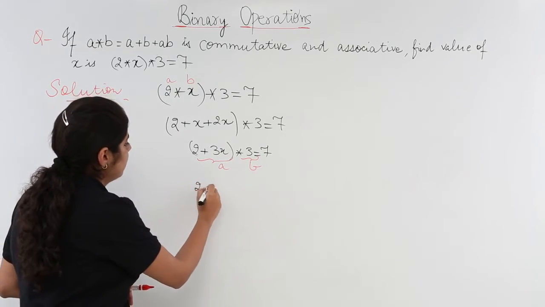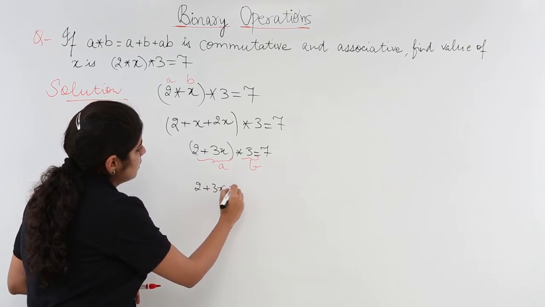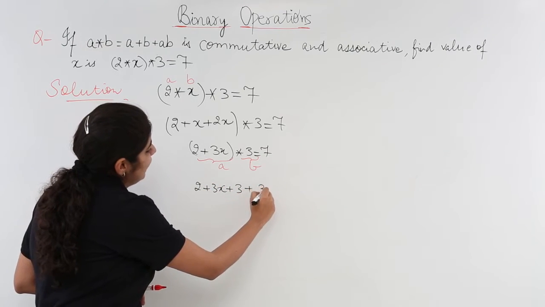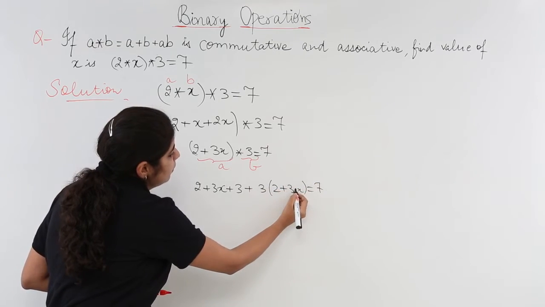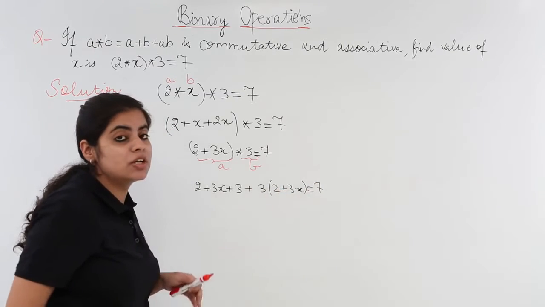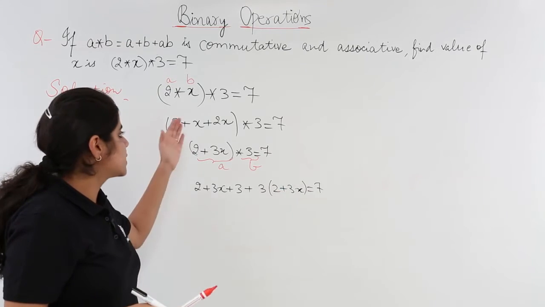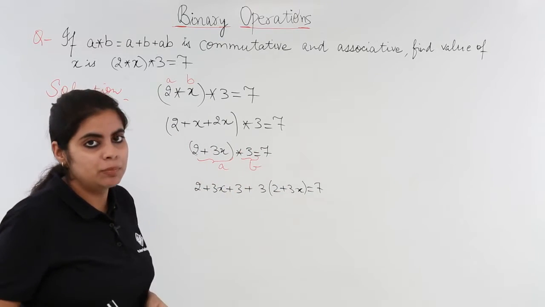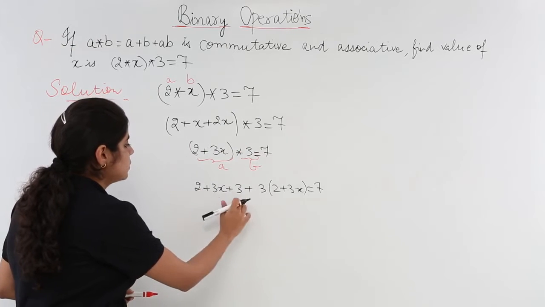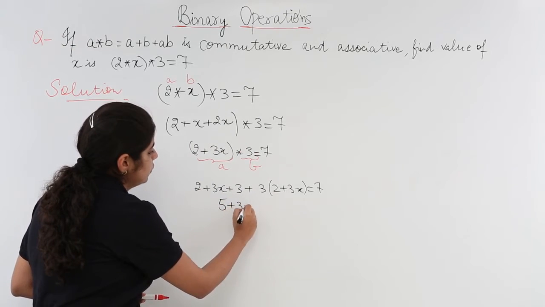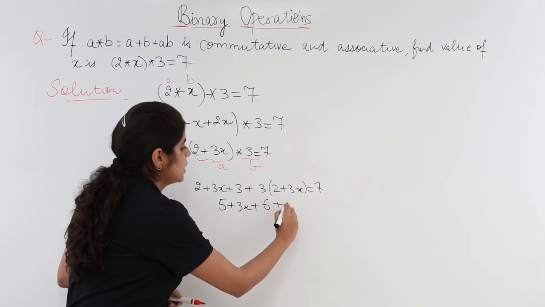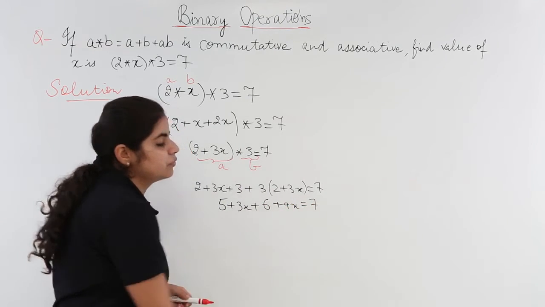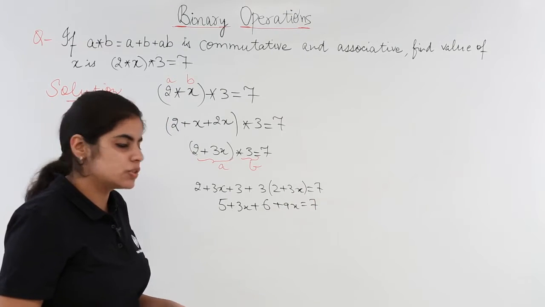So, it is A plus B plus AB is equal to 7 will remain as it is. We are just solving as per the brackets that are coming in play. Now, 2 plus 3 is 5 plus 3x plus 3 2s are 6 plus 3 3s are 9x is equal to 7. Simple solutions, right?